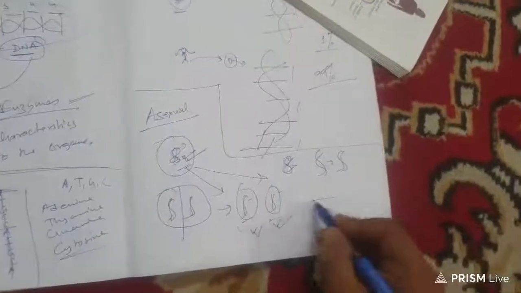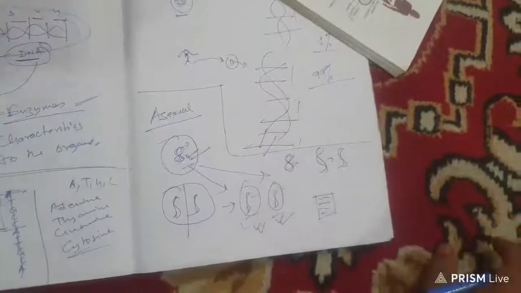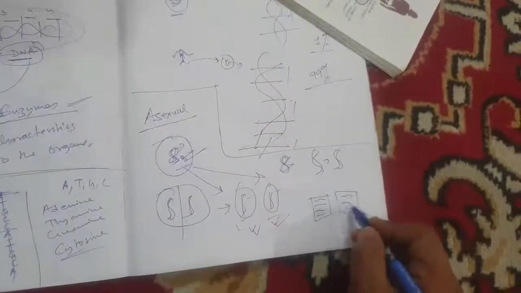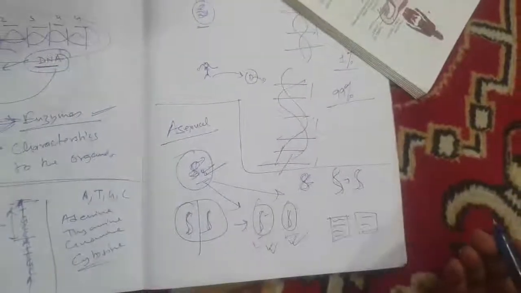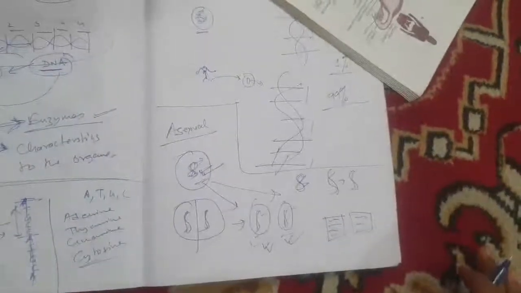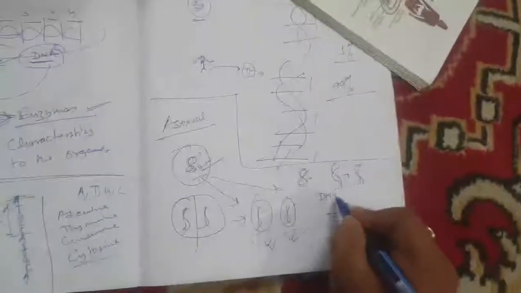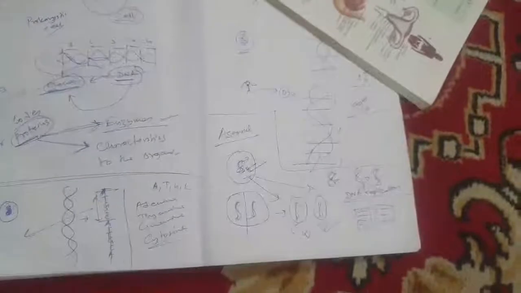Do you think if there is a note and I want to give you half of the note, I will tear the note and give you half, or should I make a photocopy of it and give you half? In the same way, the DNA makes a photocopy of itself, of the same length and same amount. This is known as DNA replication. Got my point? Yes, sir.